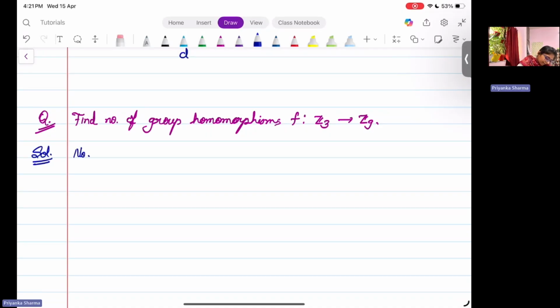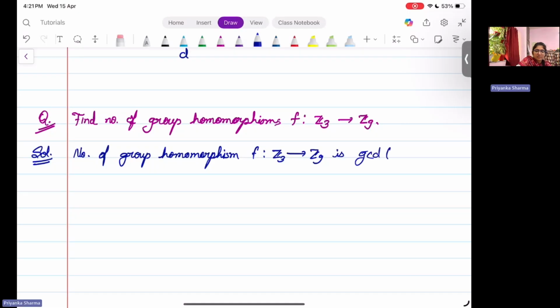We can directly find the number of group homomorphisms f from Z3 to Z9, which is the GCD of n and m, which are 3 and 9 here respectively. So their GCD is 3. That is, we have 3 group homomorphisms from Z3 to Z9. And what are those homomorphisms?